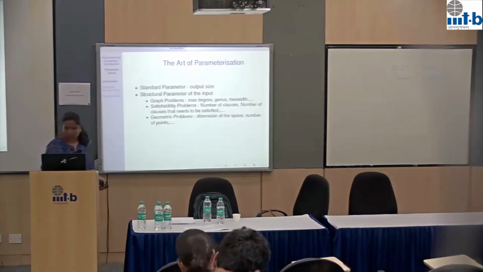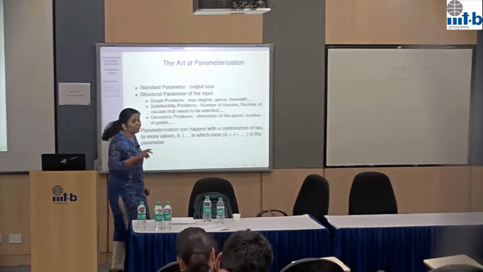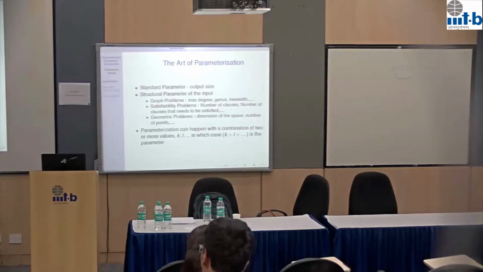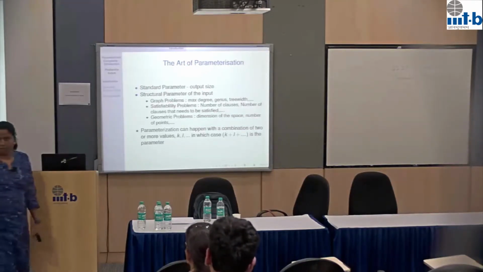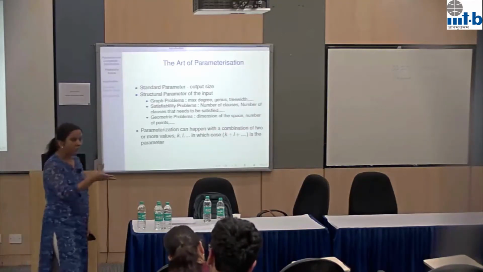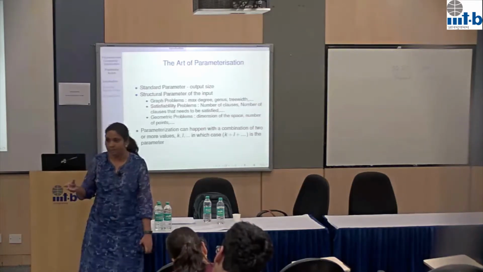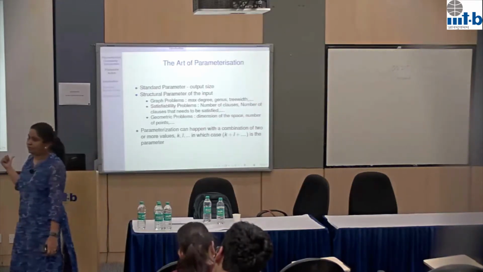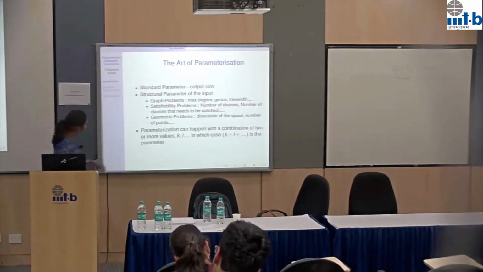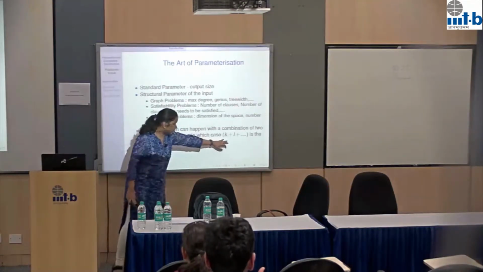Also, you can think about more than one parameter. What if you are working on a graph where the maximum degree and tree width both are small? In this case, both are parameters, or in other words, the combination of max degree and tree width is a parameter. But I said the parameter should be a positive integer. Therefore, where parameters are k, l, and so on, technically the parameter is k plus l.